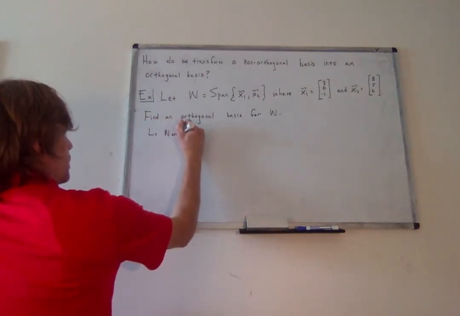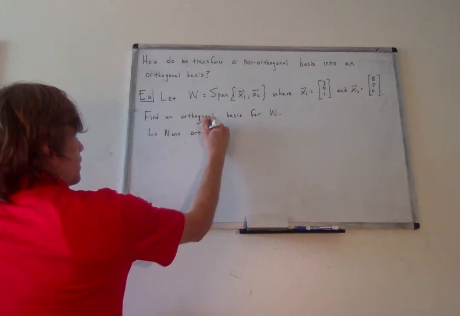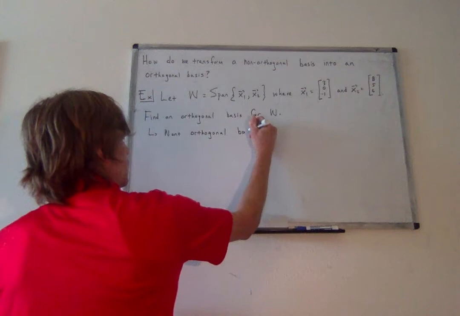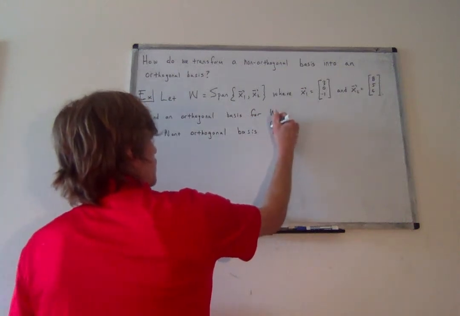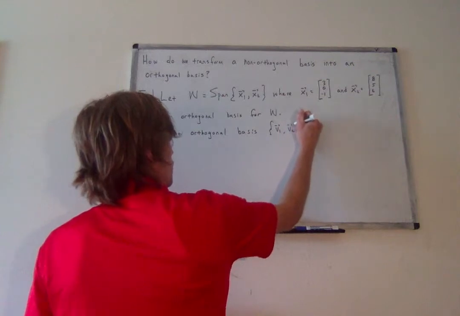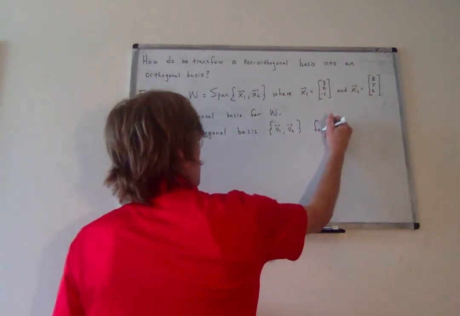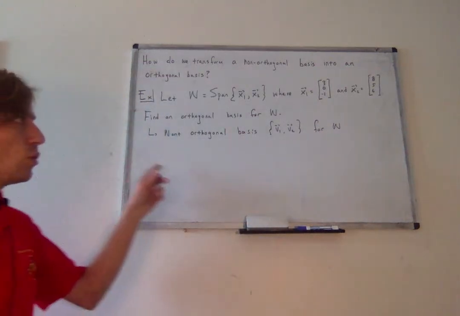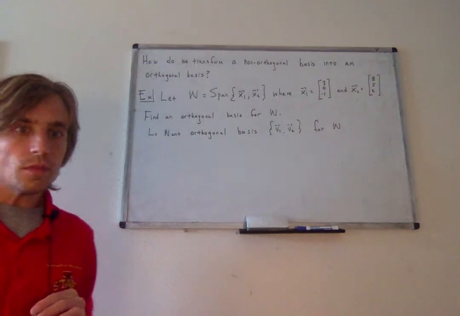So we want an orthogonal basis v1, v2 for W.